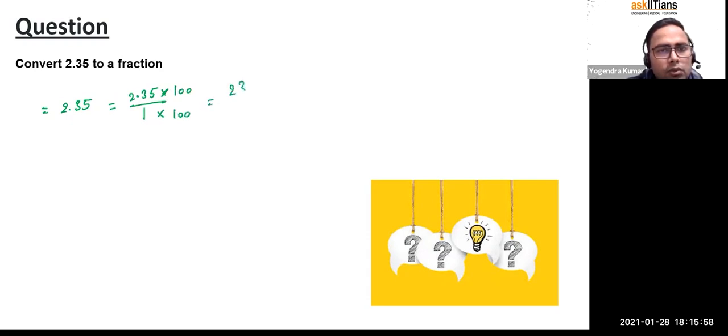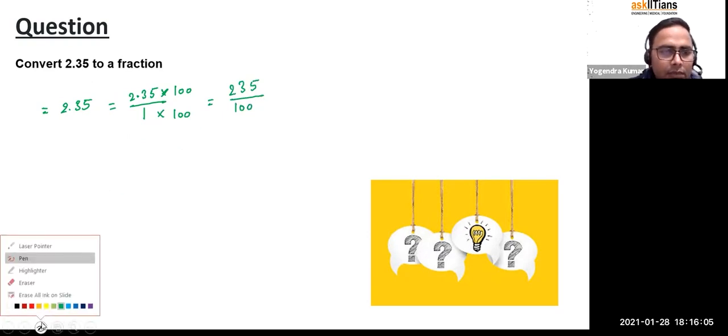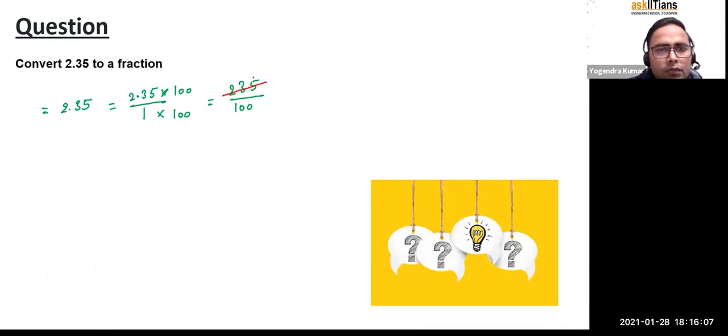So we got 235 divided by 100. Now let's make it a simplified fraction, right? 5 fours are 20, then 3 is left out, 5 sevens are 35. So 47 divided by 20 is our final answer.